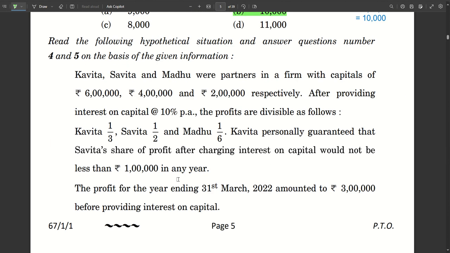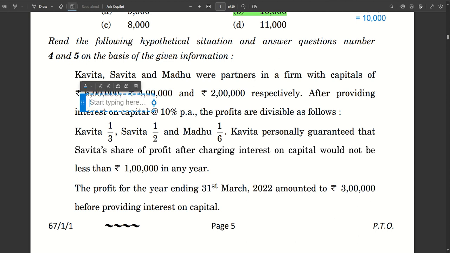If you read the question carefully, the chances of errors will be way less. Next one we have, Kavita, Savita, and Madhu are partners in a firm with their capitals of 6 lakhs, 4 lakhs, and 2 lakhs. After providing for interest on capital at the rate of 10%, so again 60,000, 40,000, and 20,000, right? Let's write it down here.